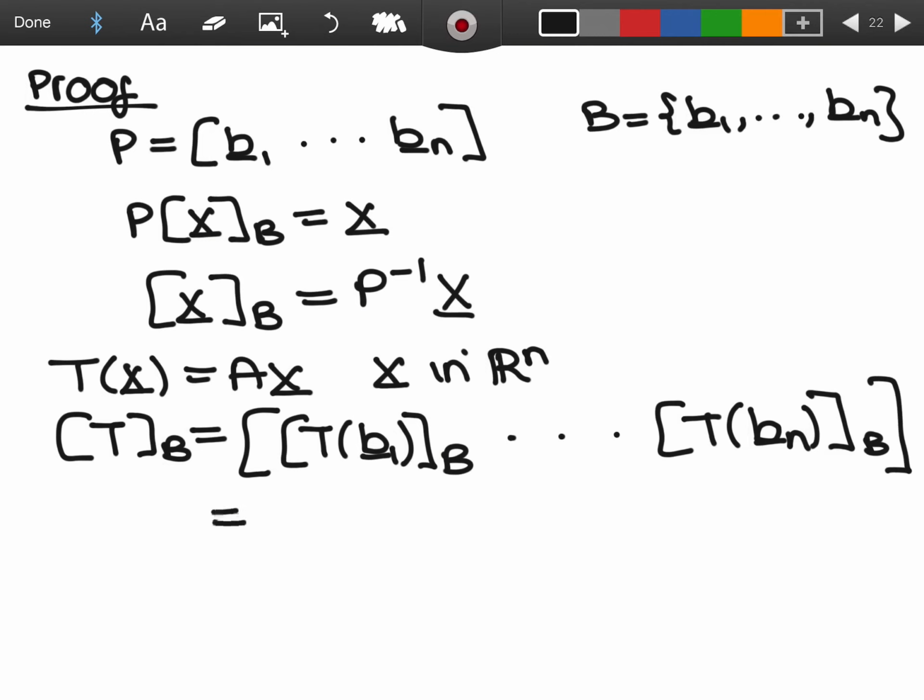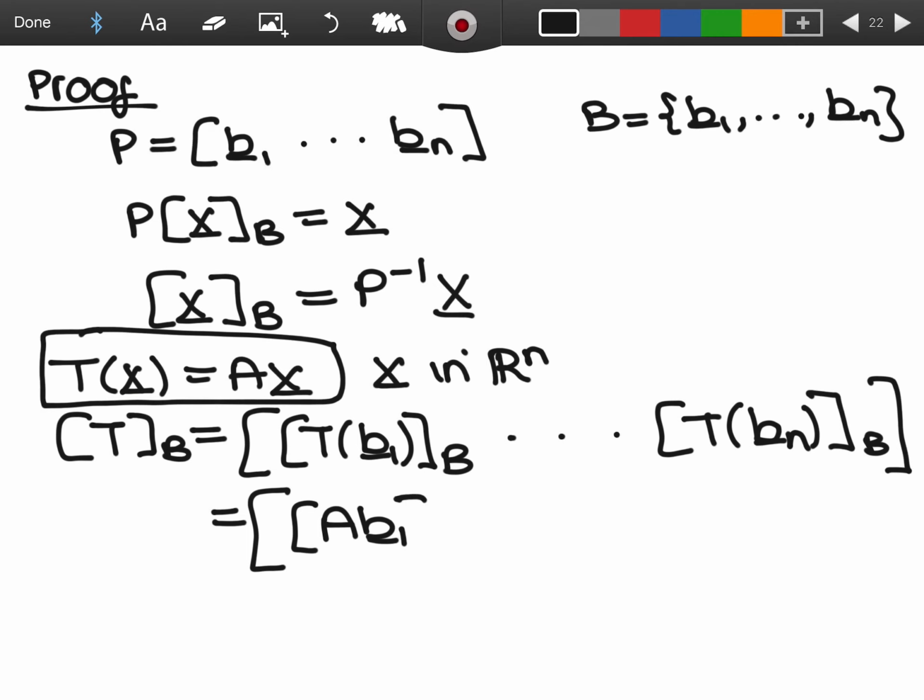I map it, and then I find its B coordinates. Now, from this definition up here, T of x is equal to A times x, I can rewrite each of these images, T of B1, as A multiplied by B1 and finding its B coordinates, up to A times Bn and finding its B coordinates.